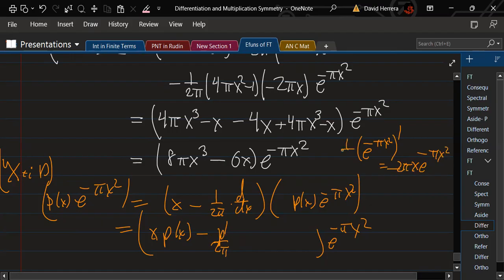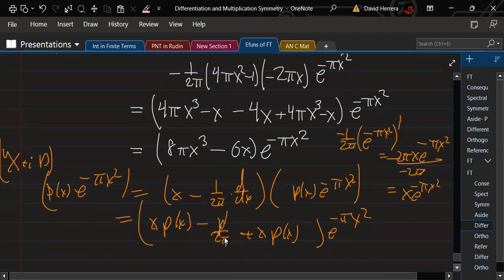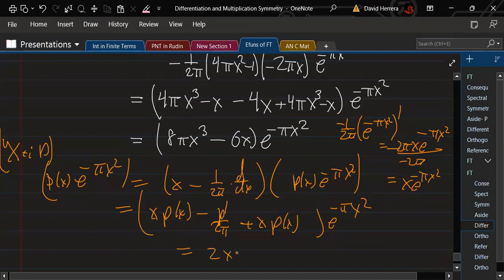If I divide by negative 2 pi, that's x times the Gaussian. So that's plus x p of x. So that's 2x p of x minus p prime over 2 pi, times the Gaussian. So you see here, the p of x turned into 2x p of x minus the derivative.